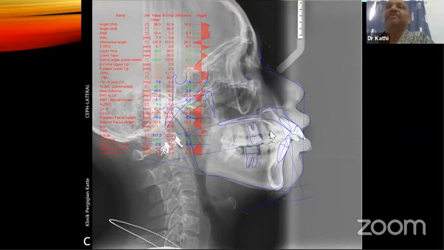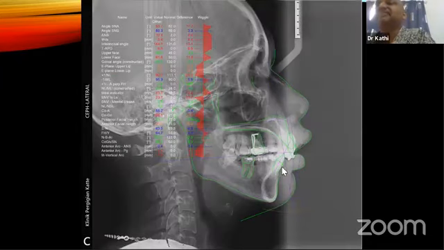Okay. But then the patient insists on camouflage. I'll show you what happened. Yeah, this is after the treatment. You see the incisors are already coming out of the root. I think all the labial bone has some dehiscence already. Upper incisors are so much retroclined. The lower incisors are so much proclined.